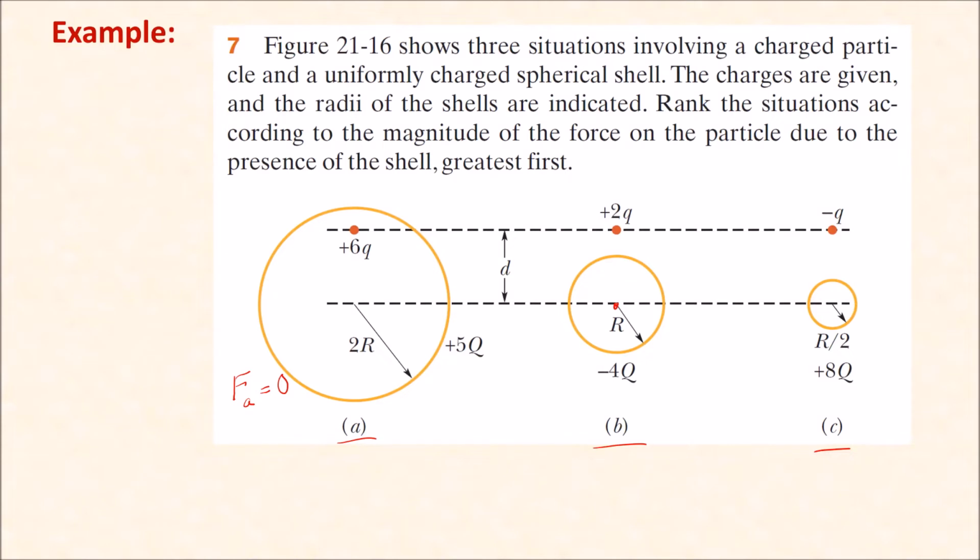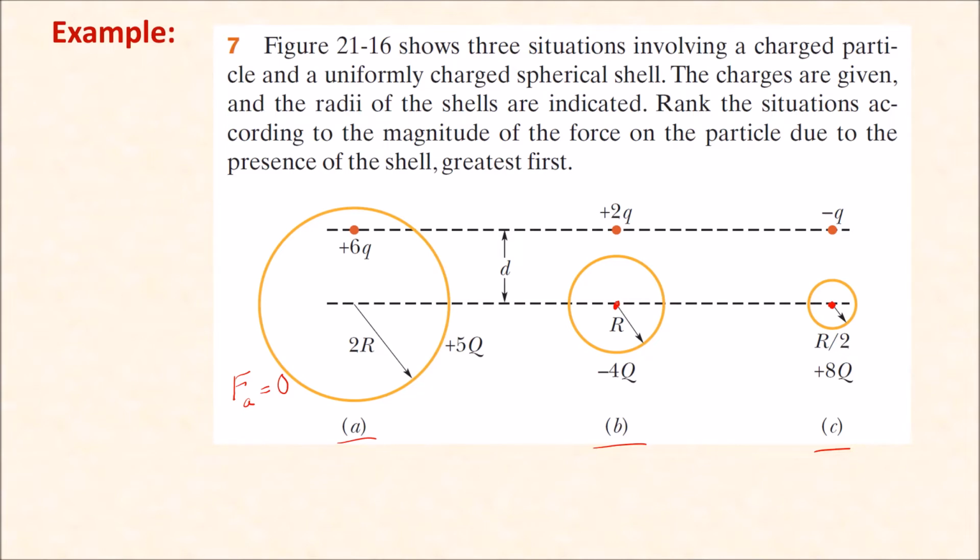And it's like two particles like this attracting each other. And in part C, all the 8q of the shell will also be at its center, right? So it doesn't matter what the radius of the shell is, as long as the particle is outside, we can use the shell theorem, right?